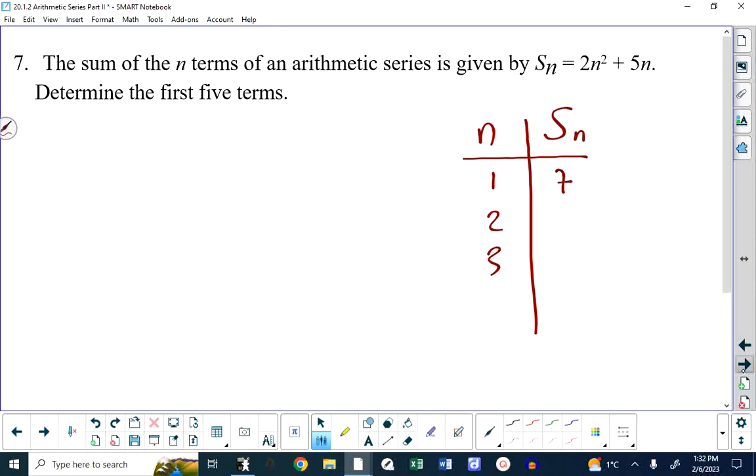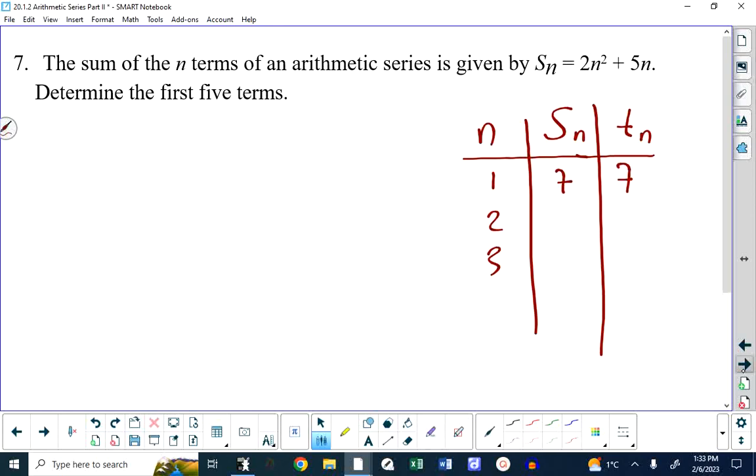Let me ask you a question. Can anybody tell me what the first term is in the sequence and why? Jay? It's 7. Why? And this is difficult to put into words.